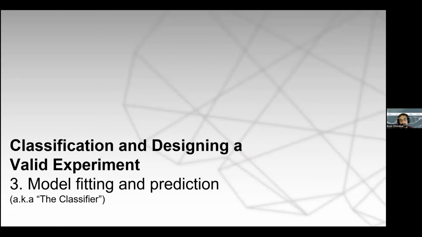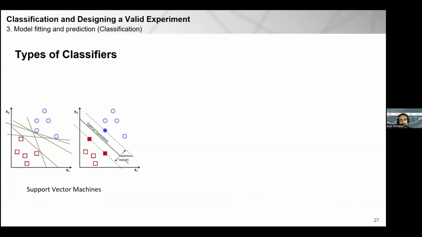So now we've figured out a little bit about how to work with your feature space or your input space. Let's talk a little bit more about the actual model fitting and prediction step. So this is where we talk about classification itself. Now we already talked about the idea that classification is trying to find a decision boundary between different classes or categories in your data. And of course, it's useful to think about this in two dimensions for simplicity.